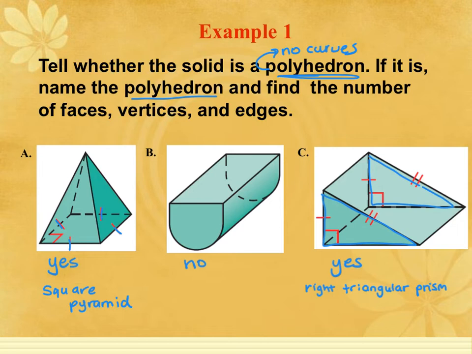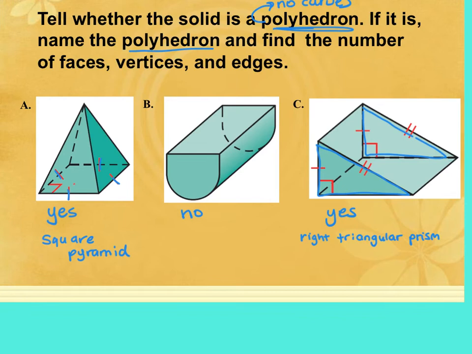And then find the number of faces, vertices, and edges. So for A, we've got the bottom, the front, the left, the back, and the right, which means there's 5 faces. 1, 2, 3, 4, 5 vertices. And 1, 2, 3, 4, 5, 6, 7, 8 edges.